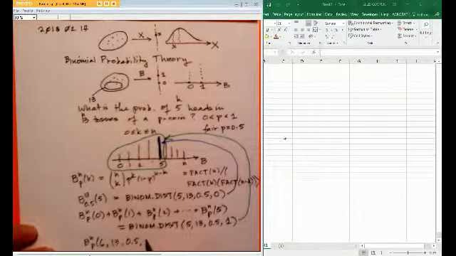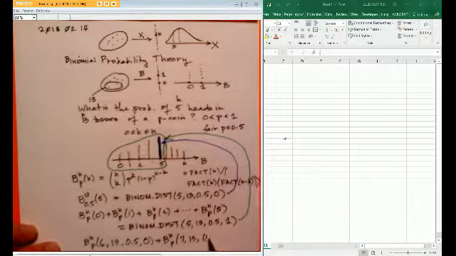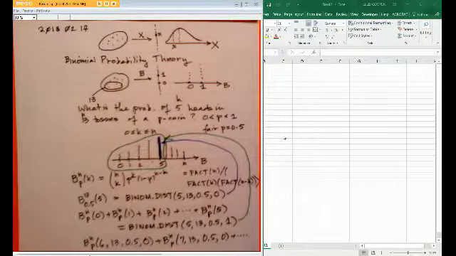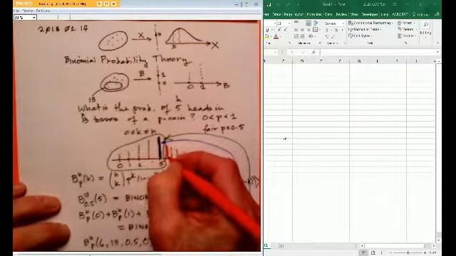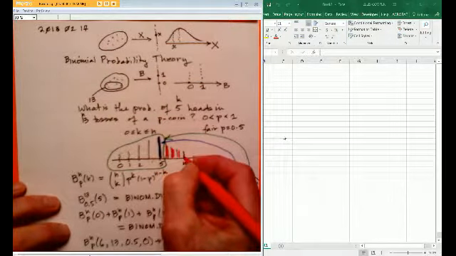And so you could add together a bunch of those. So I would start at 6 and then add B(13, 0.5, 7), plus, etc. up to 13. And that's adding up a bunch of point probabilities. So that means I would be adding up like this, plus this, plus this, plus this.